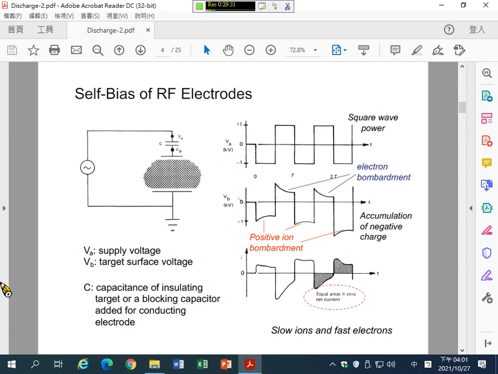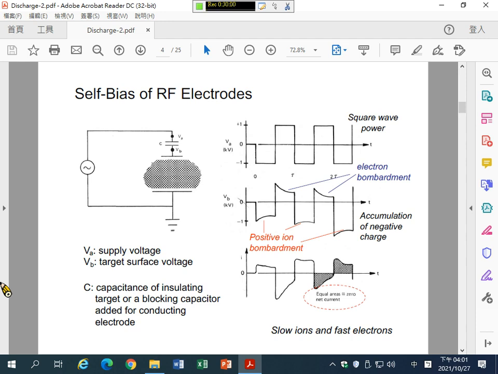The upper curve is the output voltage from the power supply. Output voltage, right? So here the RF hot goes through the electrical wire and then connects to this part. So the voltage V sub A here equals the voltage of the RF output, RF hot.